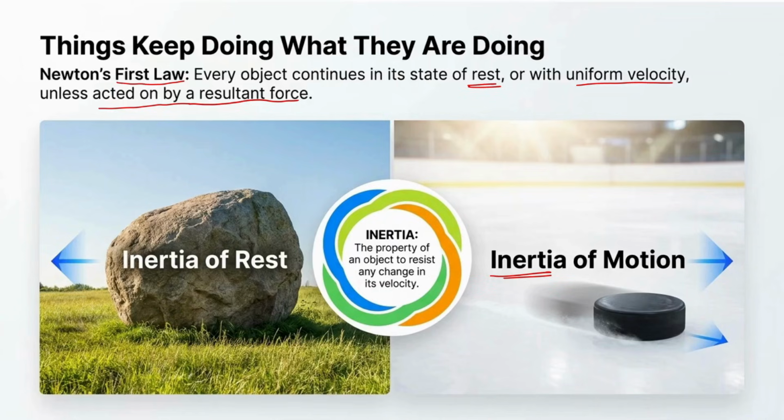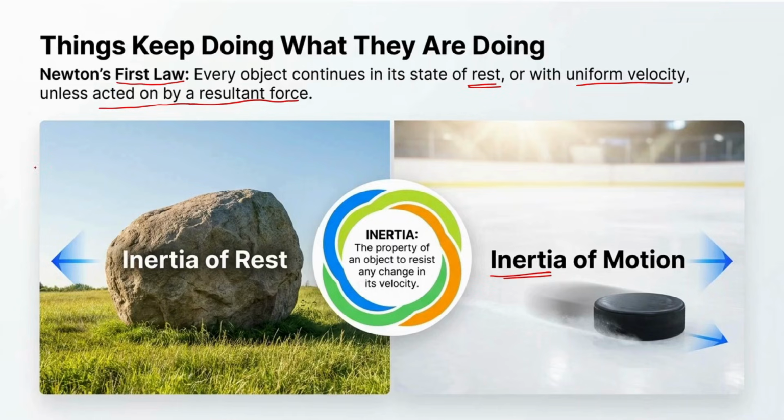Similarly, if an object is already moving with some velocity, it tends to continue moving with the same, constant velocity unless a resultant force acts on it. This is related to the inertia of motion.